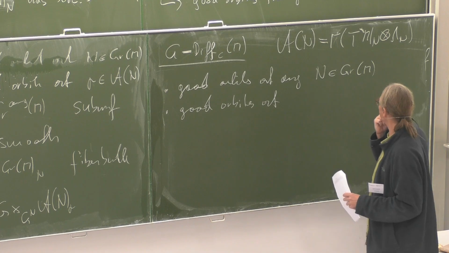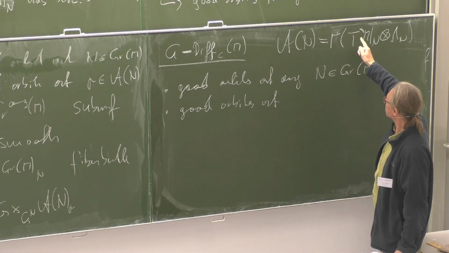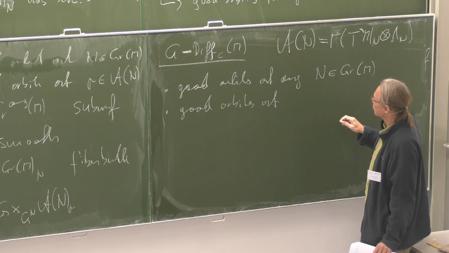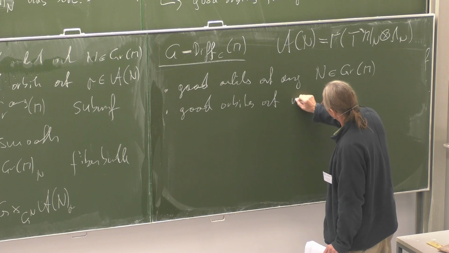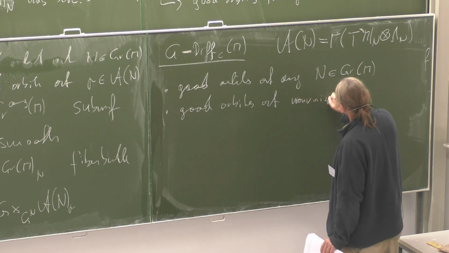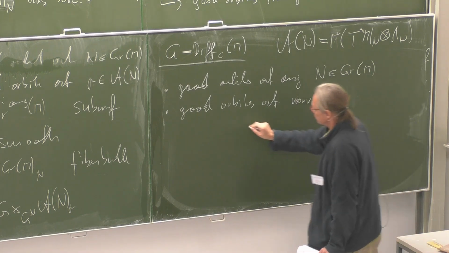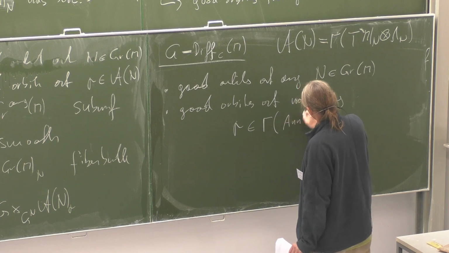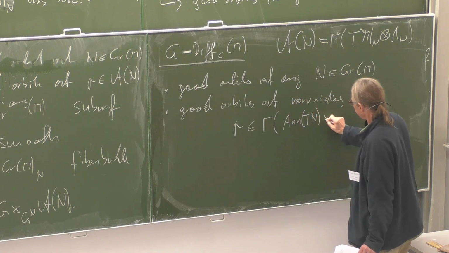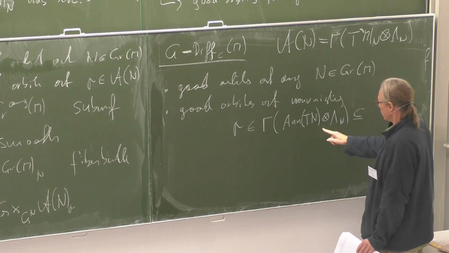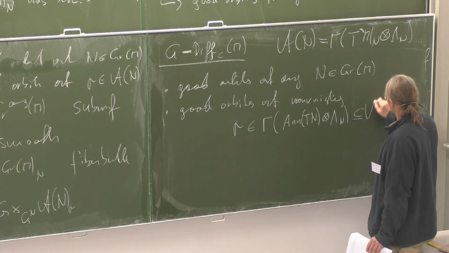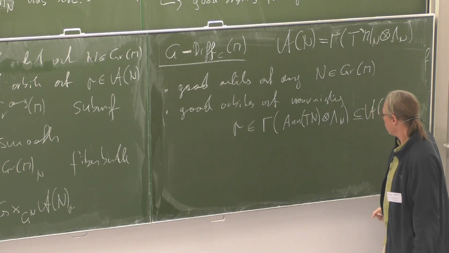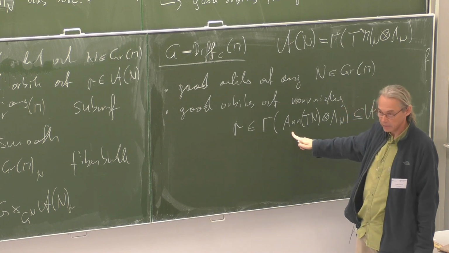We cannot expect to have good orbits at any decoration, but we do have good orbits if the decoration gamma is non-vanishing, and gamma is a section of the annihilator of TN tensor densities. So this is a subspace here in all of A N, just functionals that vanish on the tangent space of N. And we need a gamma that's nowhere vanishing in here.